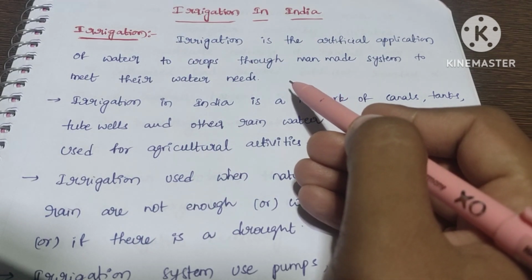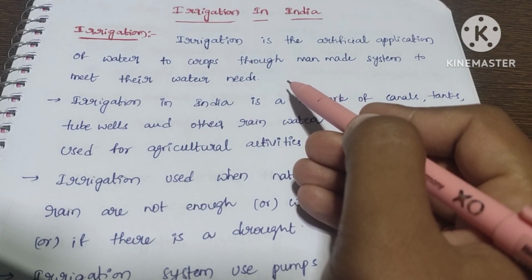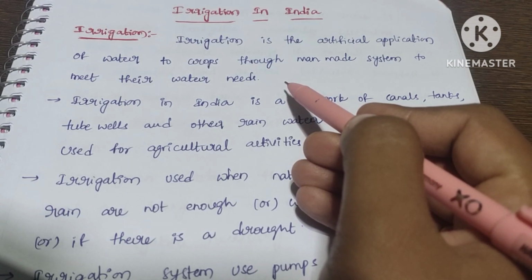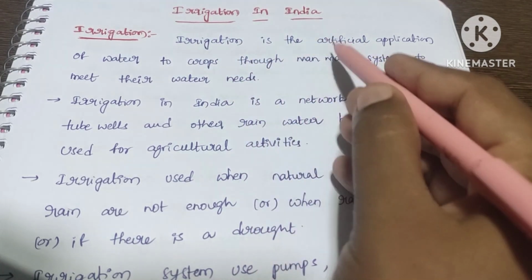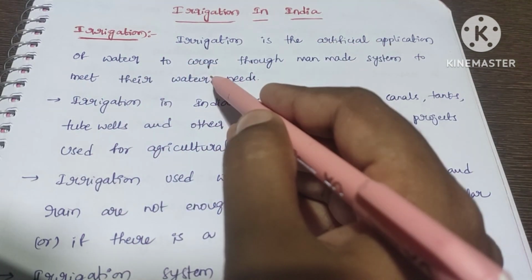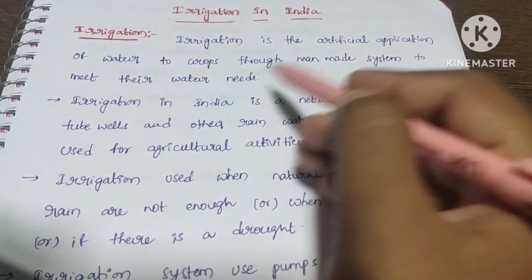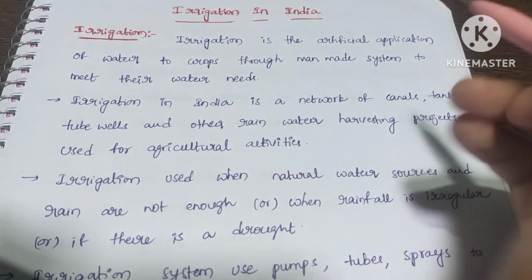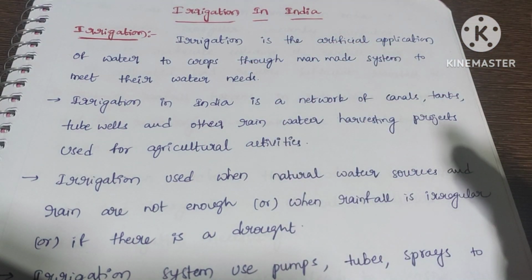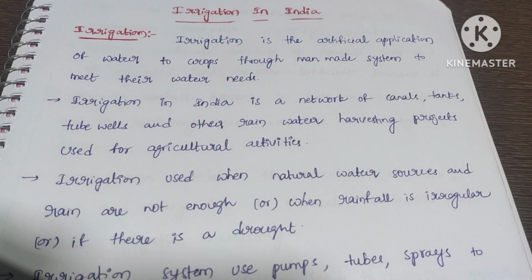If the water is insufficient, that means if we have to supply additional water other than the rainfall, or if rainfall is not there, we have to go with irrigation. That is, how much water the crop requires.